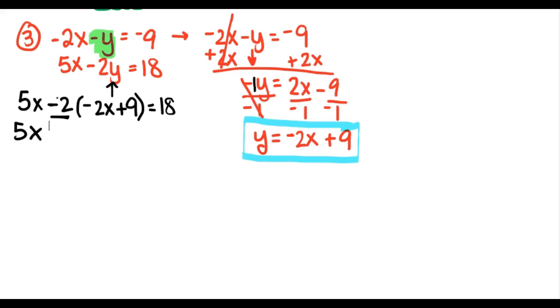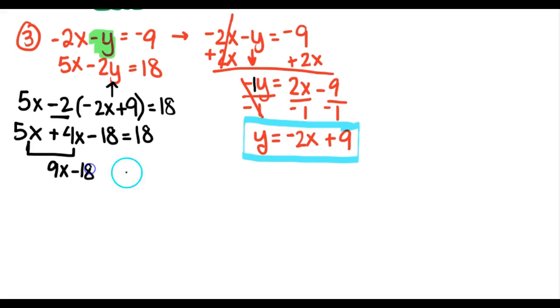So -2 times -2x is a positive 4x. -2 times a positive 9 is minus 18, equals 18. Okay? Combining like terms, we get 9x minus 18 equals 18.